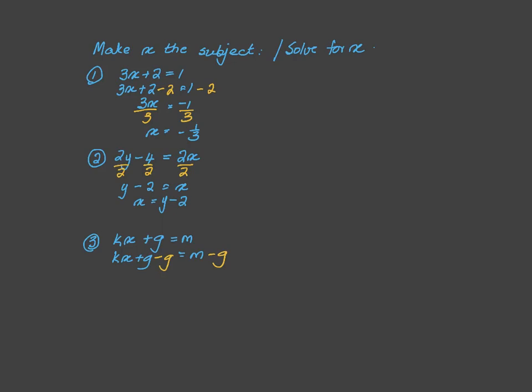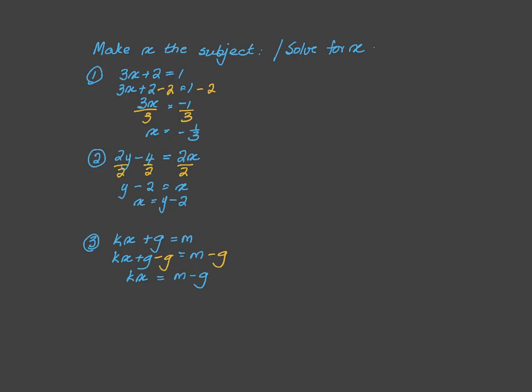On the left-hand side, I just have kx plus g minus g gives me 0, and on the right-hand side I have m minus g. Now what I need to do to get x by itself is to divide by k, and if I divide by k on the left-hand side, I must divide each term on the right-hand side to keep the balance.